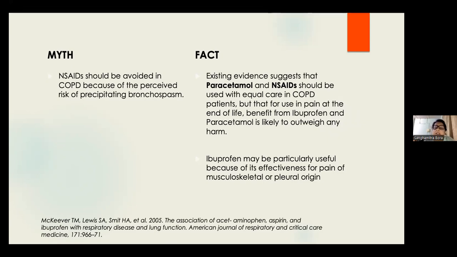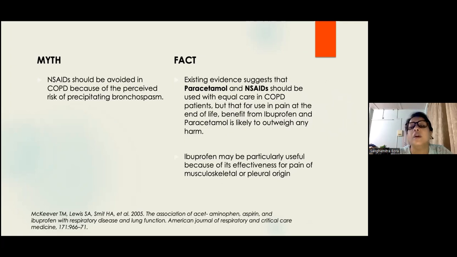I would repeat this: for the use of paracetamol and NSAIDs at the end of life, the benefit from ibuprofen and paracetamol is likely to outweigh any kind of harm. So please do use ibuprofen and paracetamol if the patient is at the end of life. Interestingly, another fact that has come up is that ibuprofen may be particularly useful because of its effectiveness for pain of musculoskeletal or pleural origin.